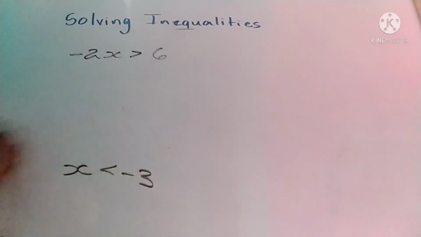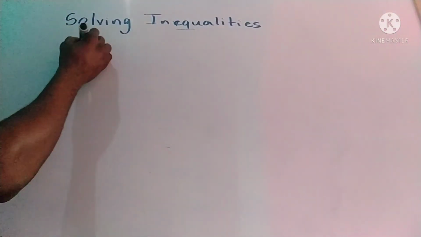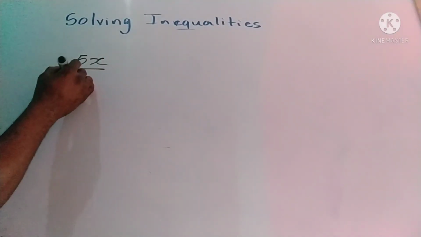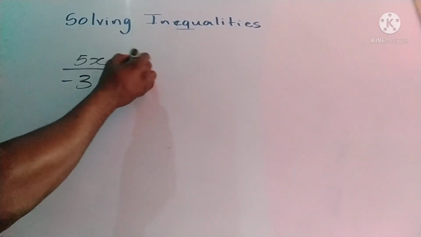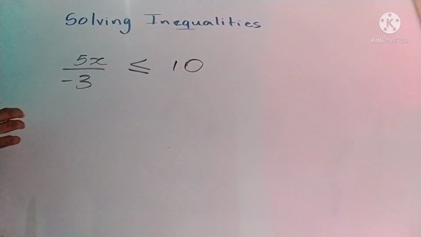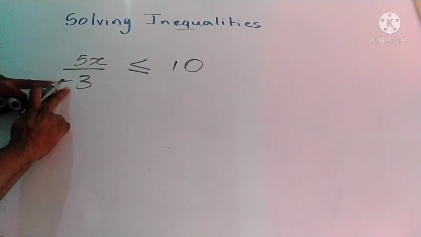There's another case where you might have to multiply. So let's say we find ourselves with 5x over negative 3 is less than or equal to 10. In this case, in order to solve this, we're going to have to get rid of this negative 3 here.